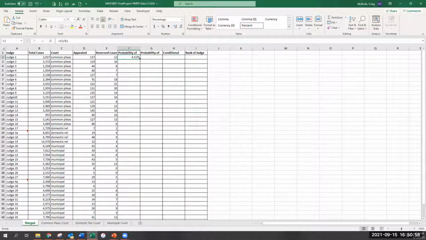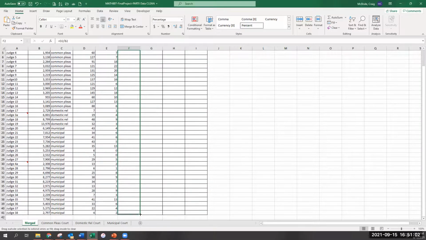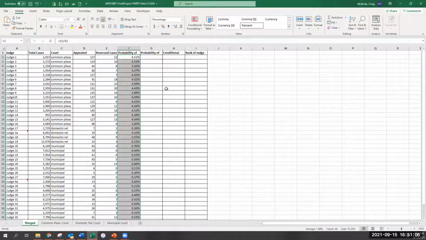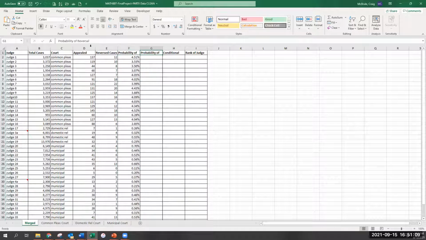And then if I grab this and drag it, it automatically does it for all the rest. Pretty slick, right? Then probability of a reversal. Well, isn't that just going to be reversals divided by cases? Yep, easy. Do the same thing. How about conditional probability of a reversal given an appeal? Remember, given just means that becomes our new total.